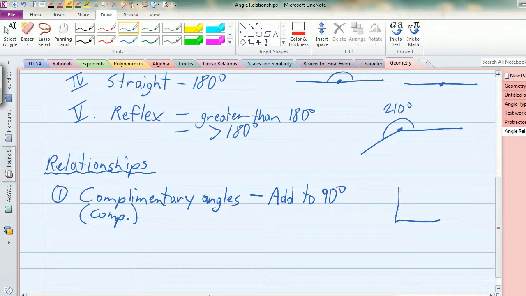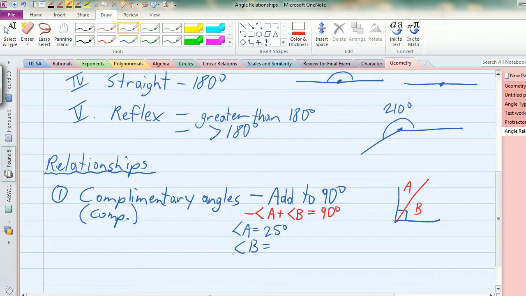So usually you'd have a 90 degree symbol in there, and you would have an angle. If this is angle A and this is angle B, we can say angle A plus angle B equals 90 degrees. So if we were told that angle A equals 25 degrees, how would we find angle B?